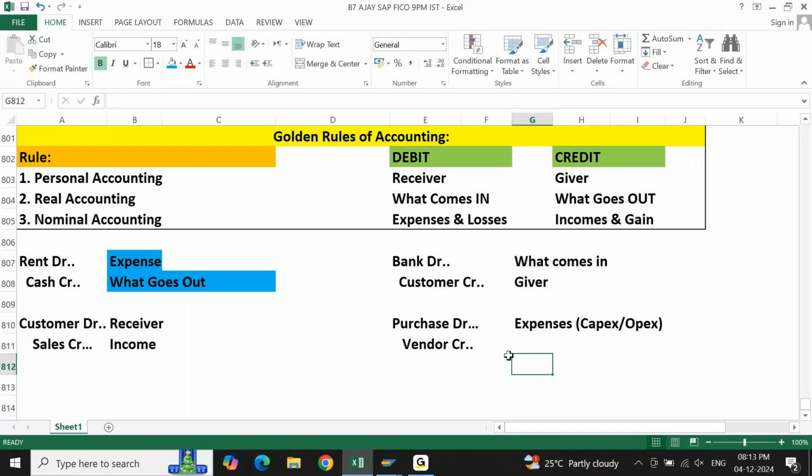That is the only difference. If you are purchasing an asset, it is capital expenditure. If you are purchasing any expenses, operating expenses. Clear? So tomorrow when somebody asks what you mean by capex and opex, don't get confused. Both are expenses used for the purpose of purchases, decided depending on the nature of the item that you are purchasing.